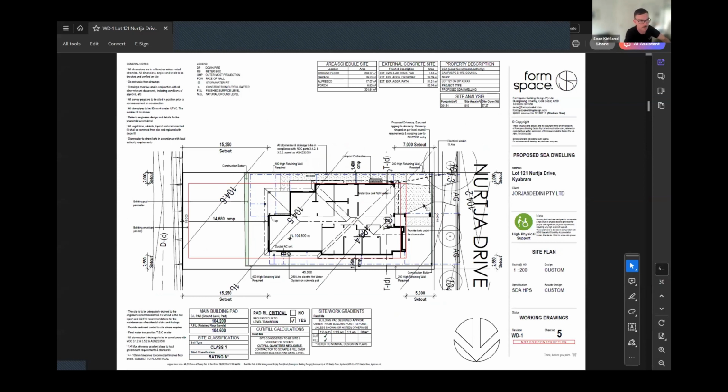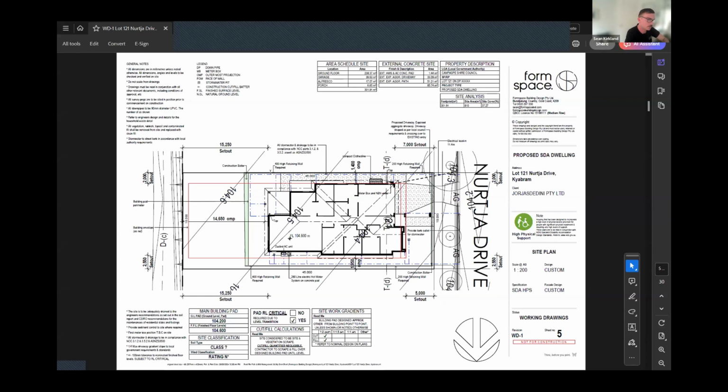This can be quite a hiccup on a lot of jobs for designers that perhaps don't understand the extent of site cut, some of the cut and fill, retaining walls, ramps, etc. And it can lead to examples of having ramps at the front of the home that look unsightly and characterize it as being, I guess, a disability-based house.